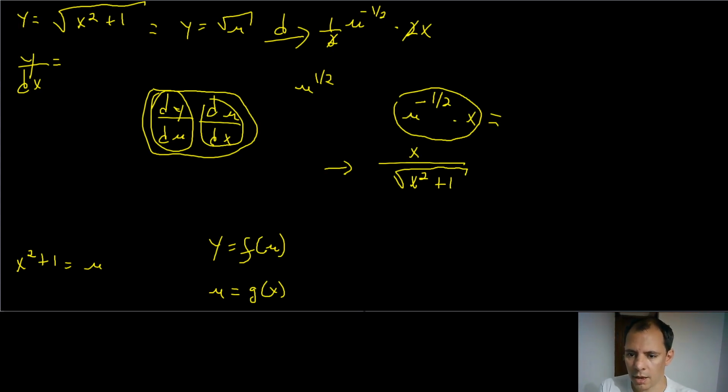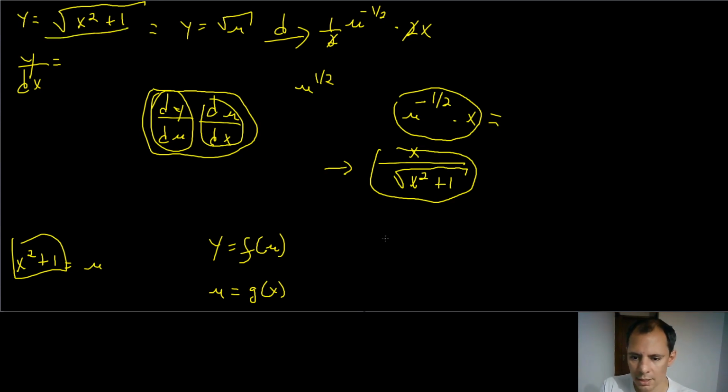And then you have u to the minus half, so you put it in the denominator as u to the half. Now, what is u? u is x squared plus 1. Since it's half, it's the square root. So it's the square root of x squared plus 1. And there you go. So in order to differentiate this stuff in here, this is the result. Okay, the differentiation of this is this.